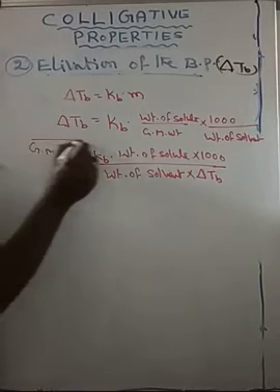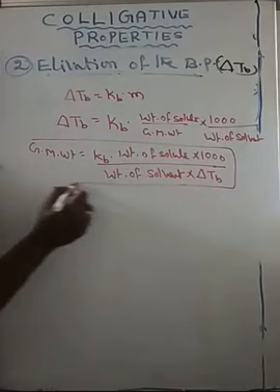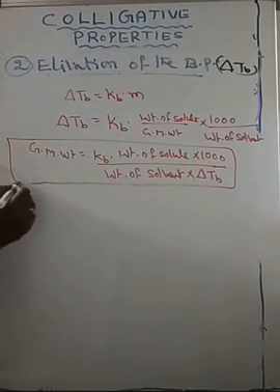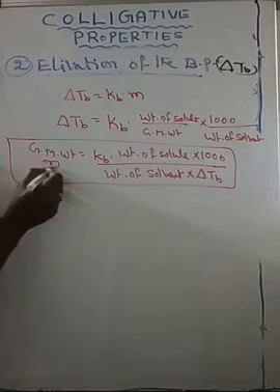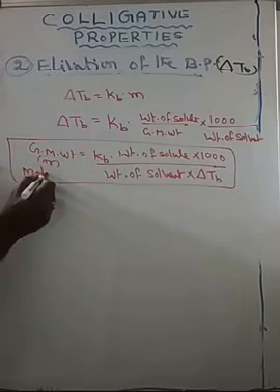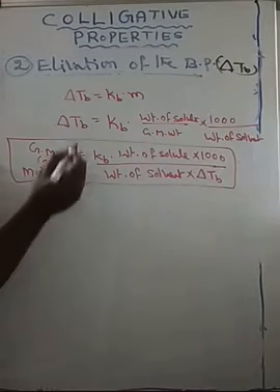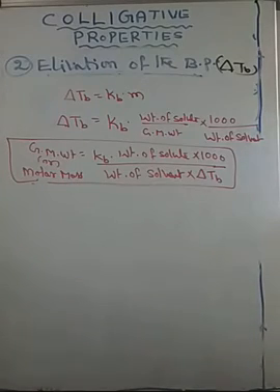By using this formula we calculate the gram molecular weight. Gram molecular weight is also called the molar mass of solutes. So this expression is used for the calculation of the molar mass of solutes. So this is about the elevation of the boiling point.